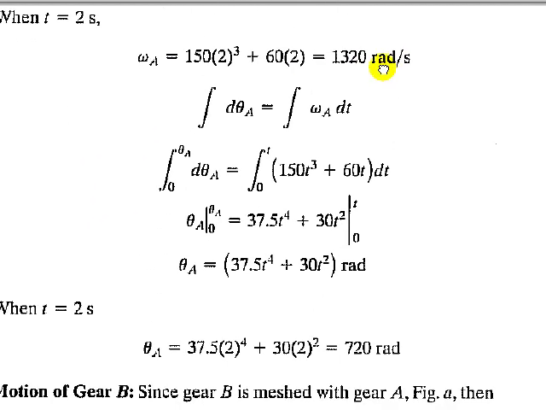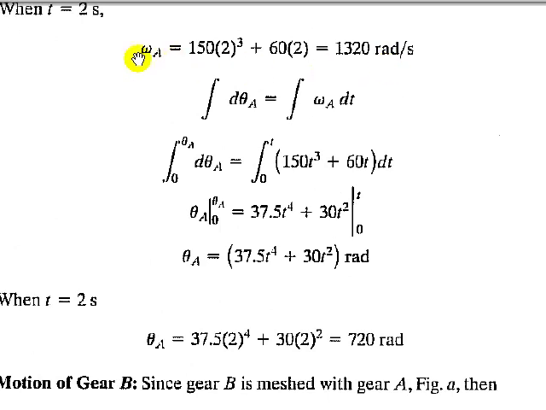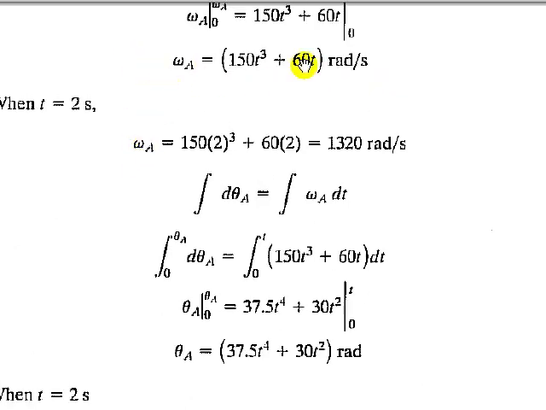Now that we know omega A as a function of time, we will integrate that and come up with theta as a function of time. So omega is d theta dt, rearranged in this form, set up for integral. We know omega as a function of time, and we have d theta on the other side, theta going from 0 to a dummy theta, time going from 0 to a dummy t.